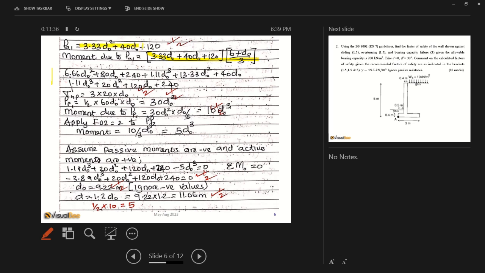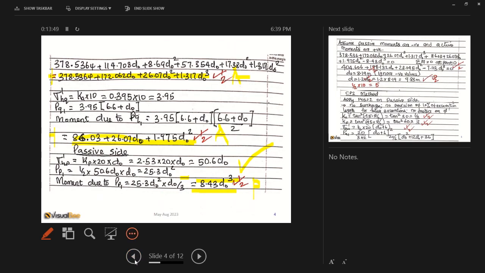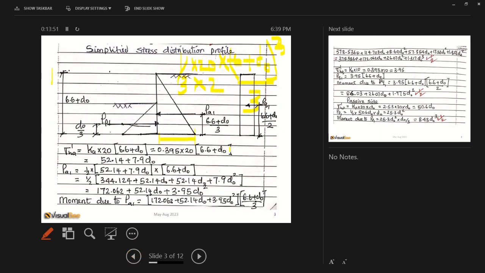Now this is the force, and this is how to get the moment, and then you end up with an equation like this. Okay, and more or less the other side should be even easier, because here the issue of surcharge is not there, so we don't have this part. So we only have this, and that is Kp.